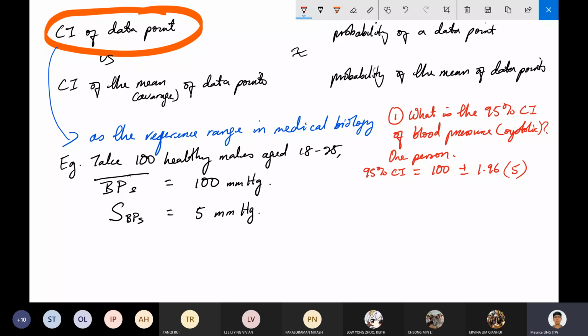In this case it will be roughly, 1.96 is nearly about 2, so 5 times 2 will be about 10. So it is about 91 to 109 millimeters mercury. Okay, and we use this as the reference range.